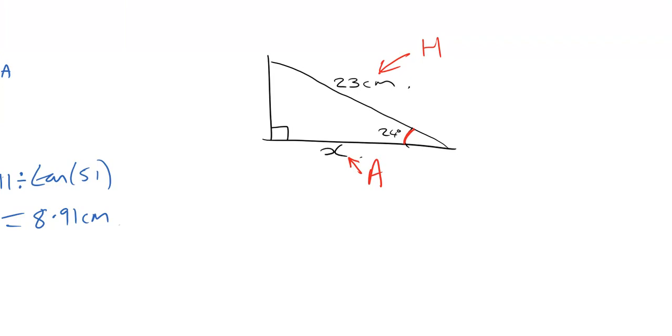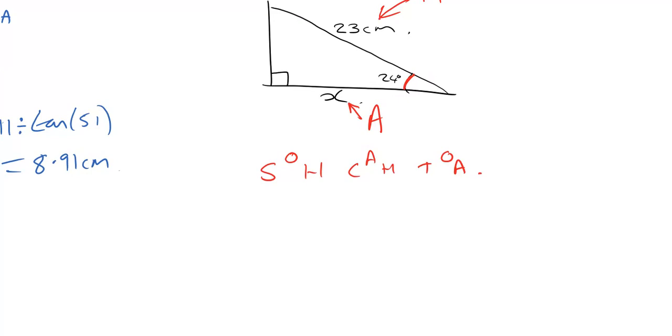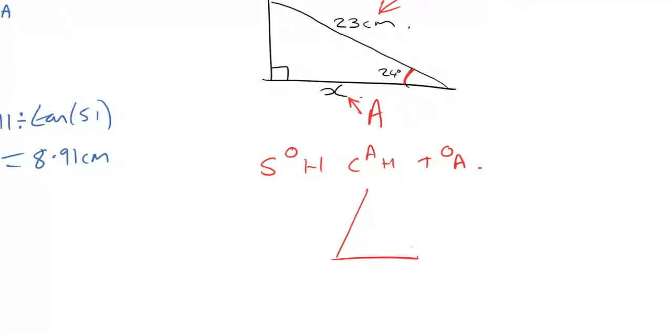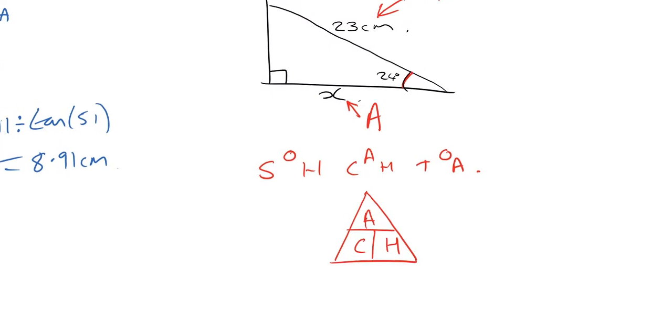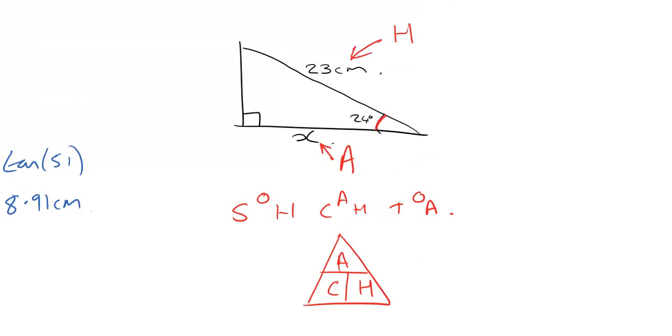We write out SOHCAHTOA. Which one of these has the adjacent and hypotenuse in? It is the cosine relationship. So we're going to write that one out, CAH. And again, we're going to cover up the thing we're trying to find. So we're covering up the A in this sense. So that reveals to us two values next to one another.